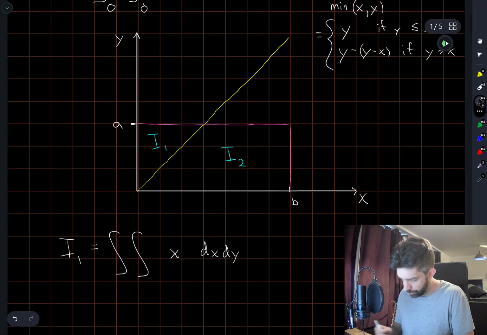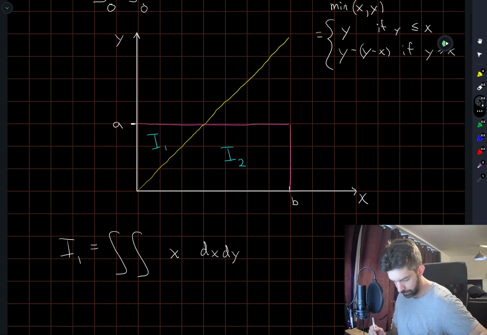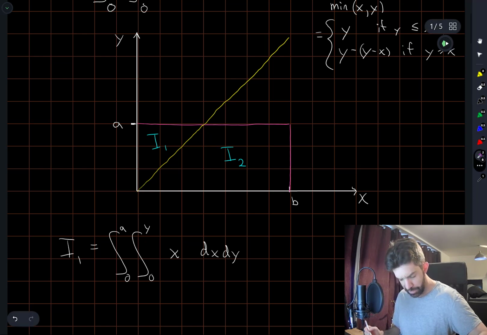Depending on the bounds, I might interchange the order of the integral, but let me think what's going to go on here. Okay, so I'm pretty sure that's the correct value of I1, right? At any value of y, x goes from 0 up to that value of y, and y itself goes from 0 to a. And in this region, x is less than y, and so we're integrating x.